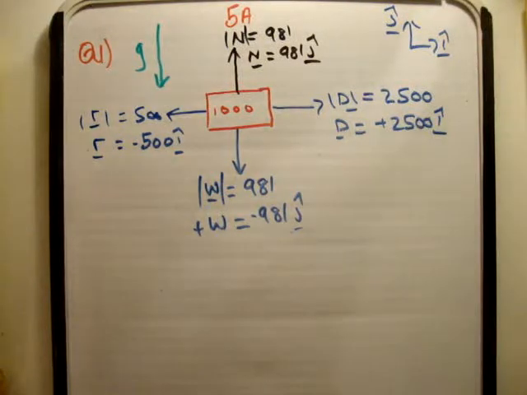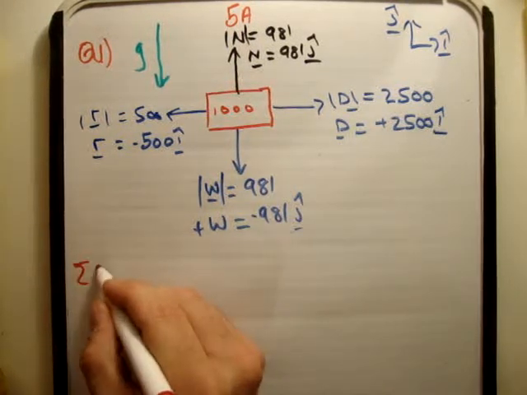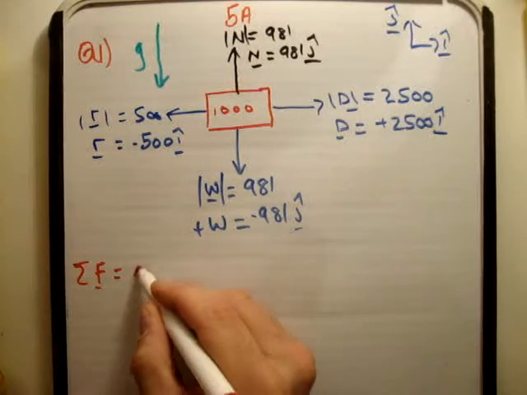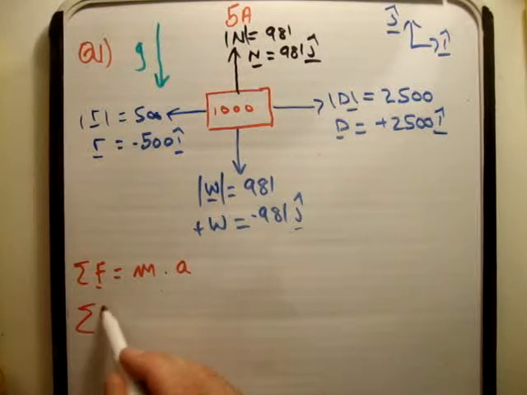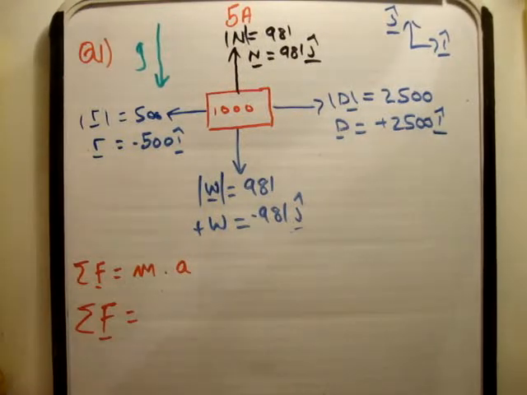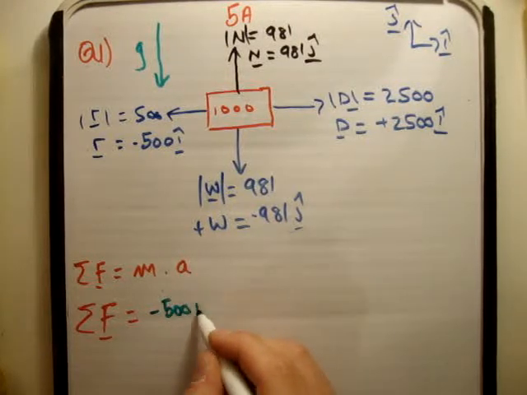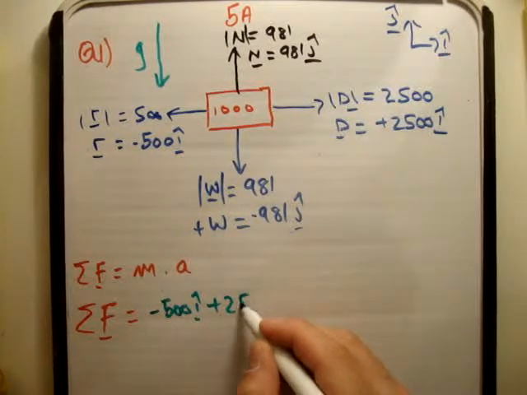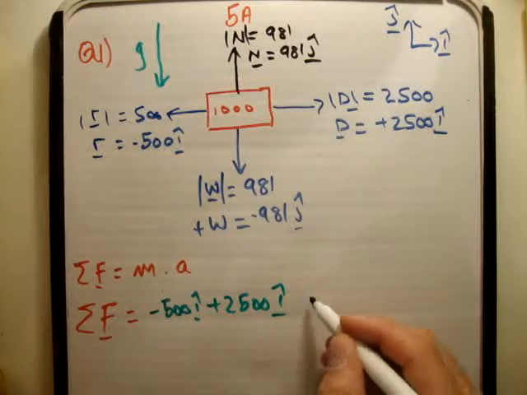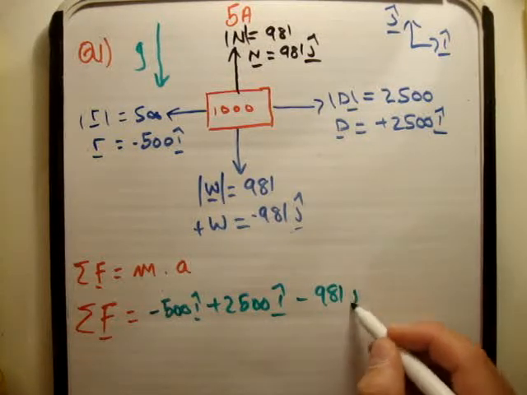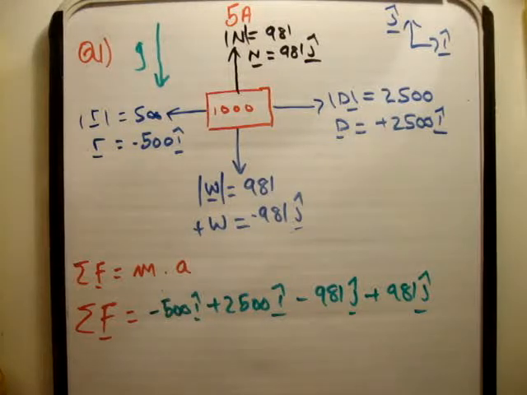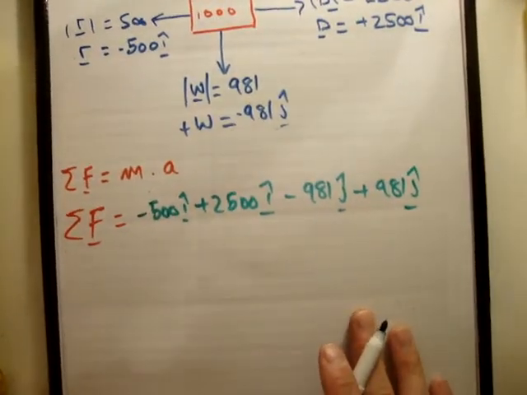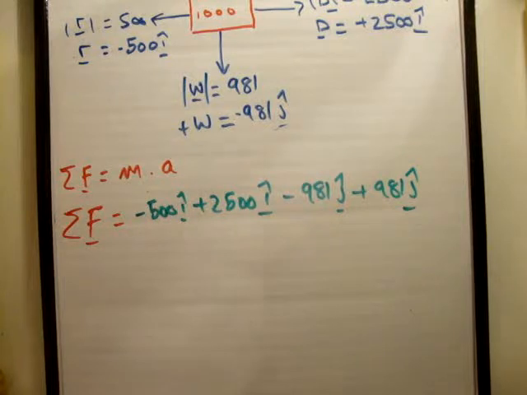So Newton's second law says that the sum of the forces is equal to the mass times the acceleration. So what are the sum of the forces? Let's just write them all down. So we get negative 500 i hat, positive 2500 i hat, negative 981 j hat, positive 981 j hat, like so. At this stage we're well able to do vectors.